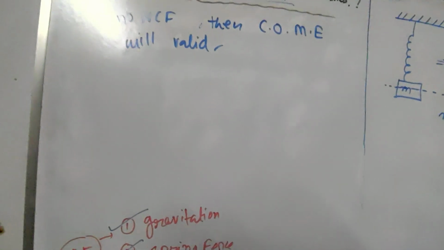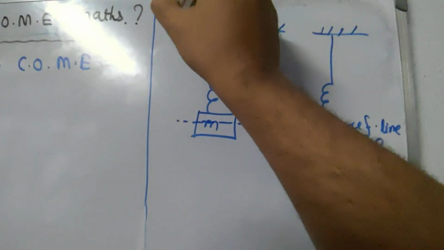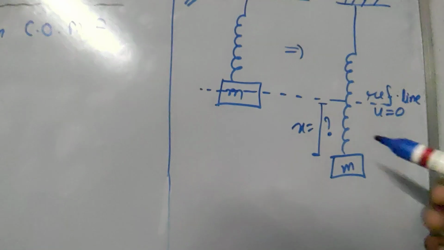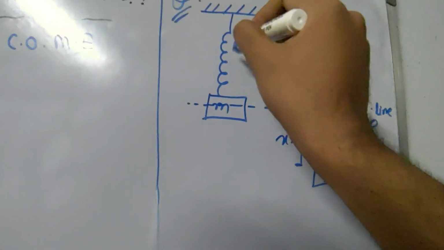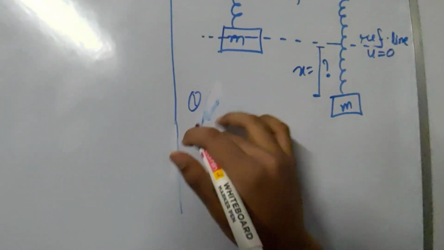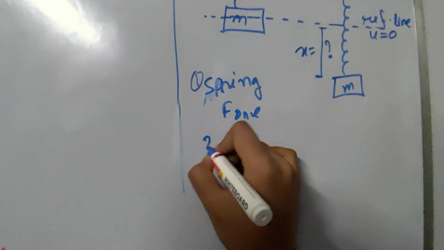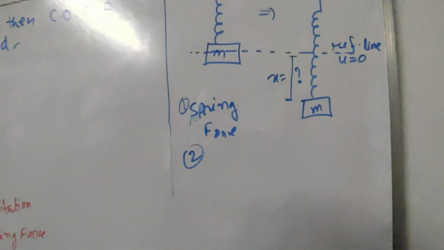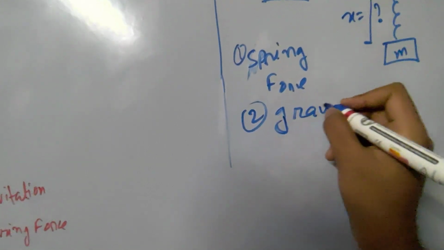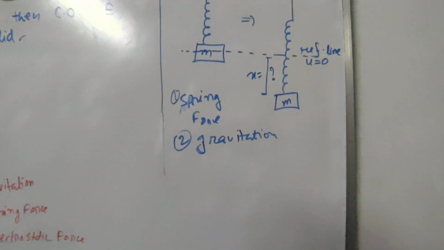For an example, let's see this math. Here I can understand that this is a spring, so there will be spring force, and there will be gravitation force.